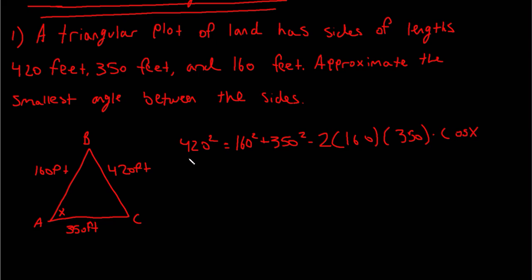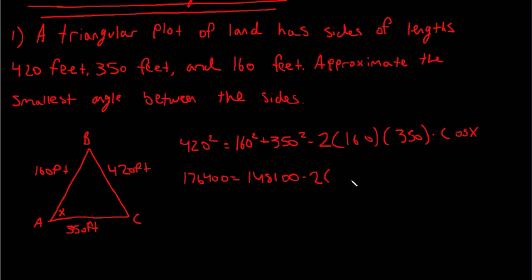So we can start simplifying this equation more. We know that 420 squared is equal to 176,400. And we're going to have 160 squared plus 350 squared, and that is equal to 148,100, minus 2 times 160 times 350.